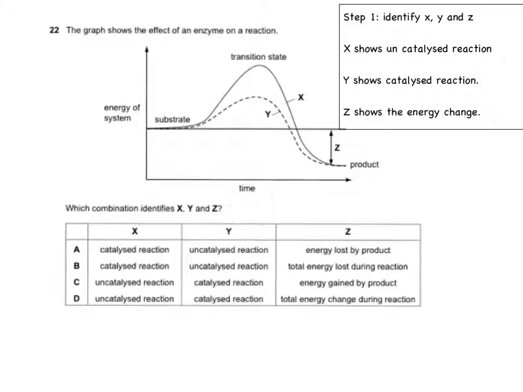You know that because of the difference in activation energy, and Z is showing the energy change in that reaction, and then it's just a simple case of following along the table until you find the thing which has all of those items, and the answer will give you there is D.